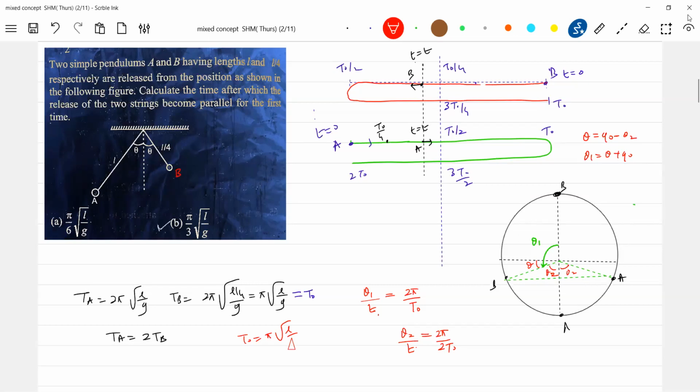Time? This is like t equal to 0, this is a time. You'll get that in terms of T naught by 3, the time taken to reach this particular thing.